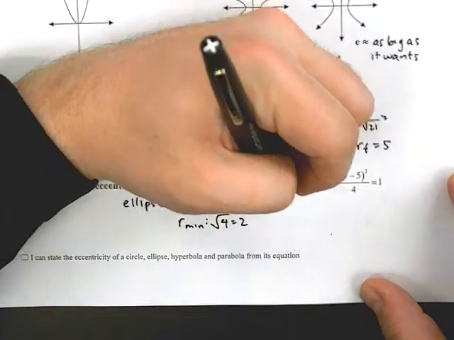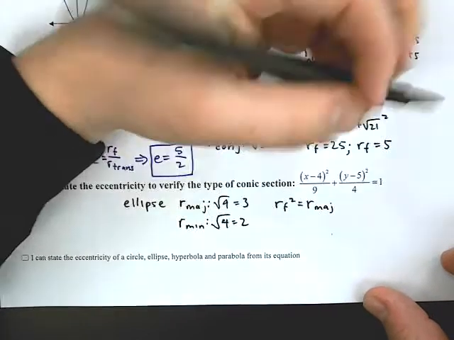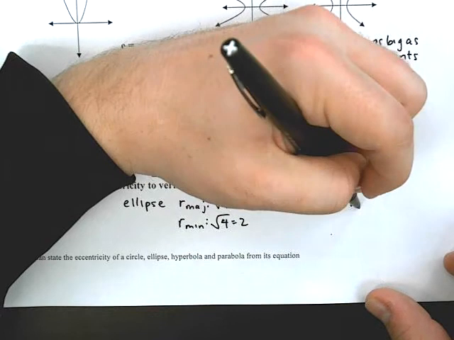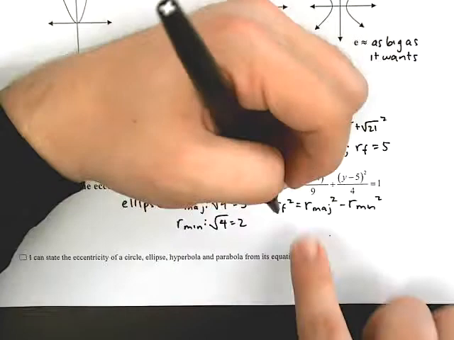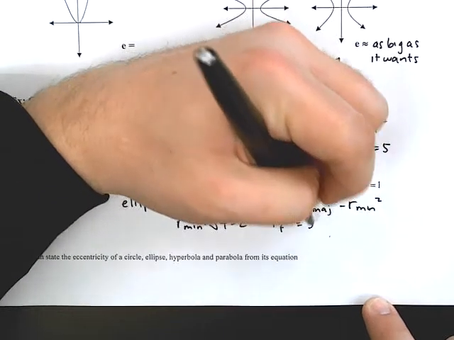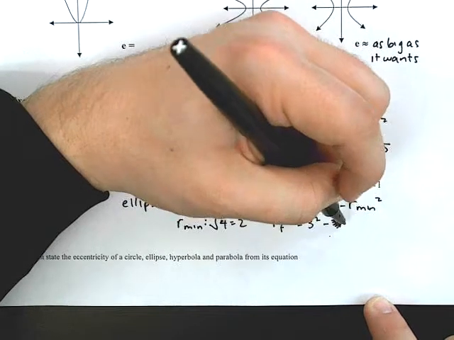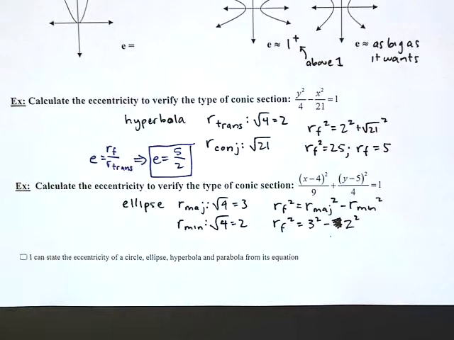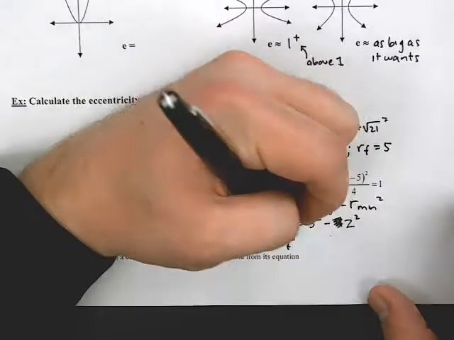And so now when we calculate r sub f, it's major squared minus minor squared. So I'm just going to have r sub f squared is equal to 3 squared minus 2 squared. 9 minus 4 is 5.